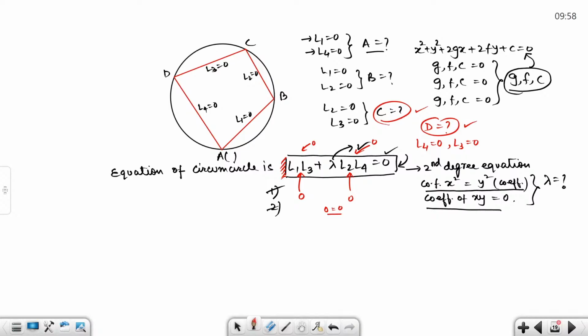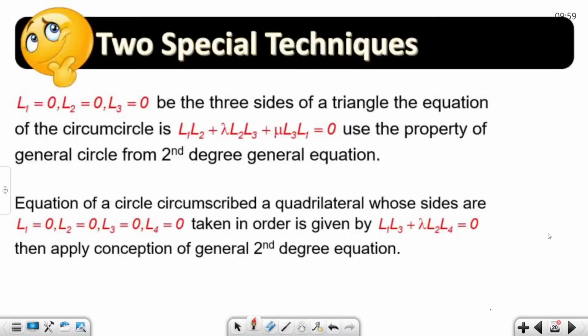Am I correct? Is this concept clear to all of us? This is exactly the same thing I have summarized here. If L1 equals 0, L2 equals 0, and L3 equals 0 represent three sides of a triangle, then the equation of the circumcircle is this.